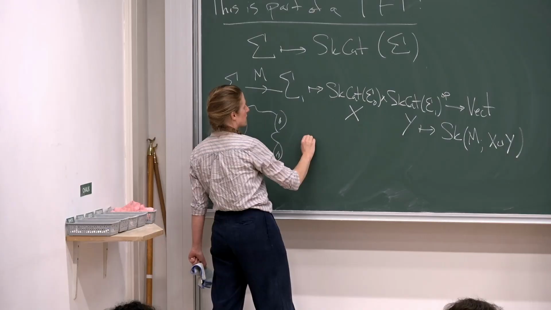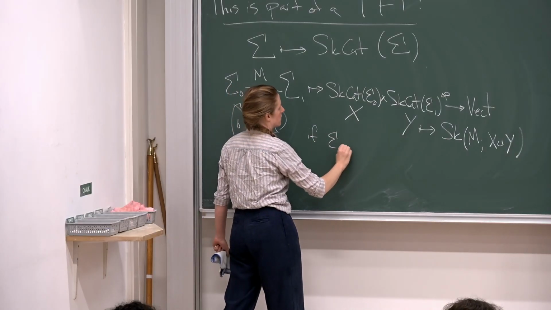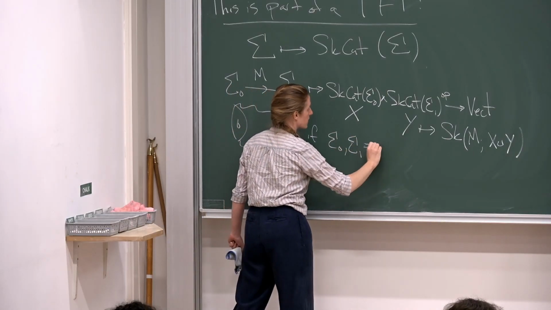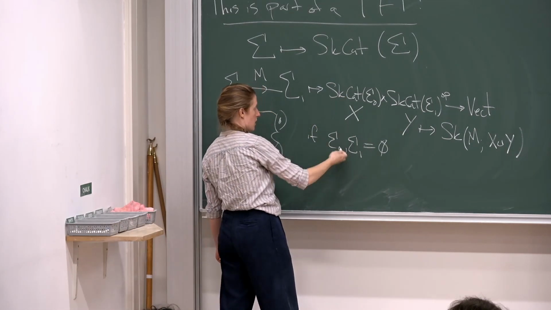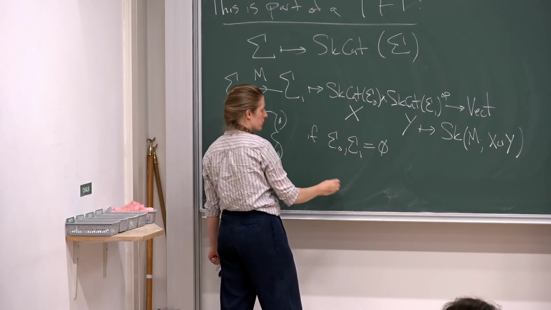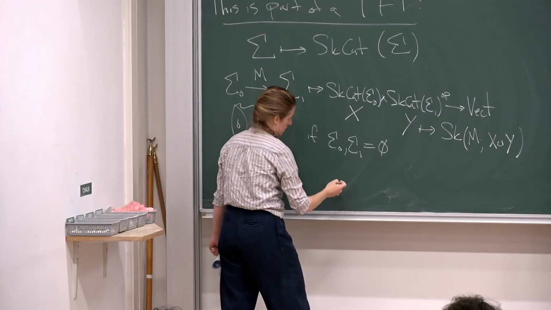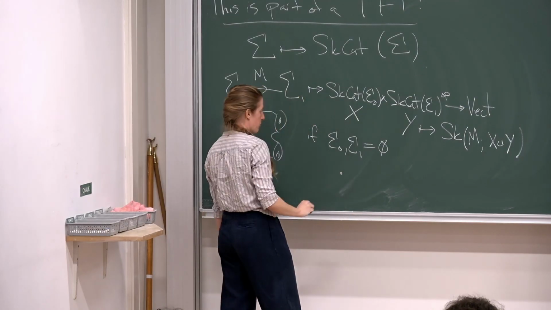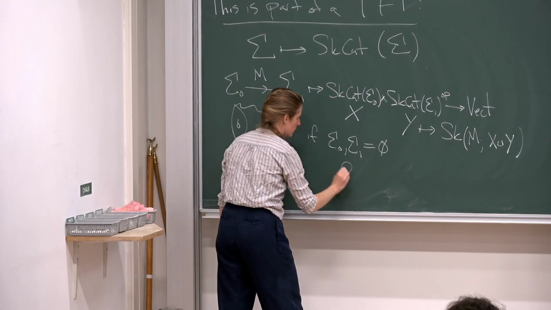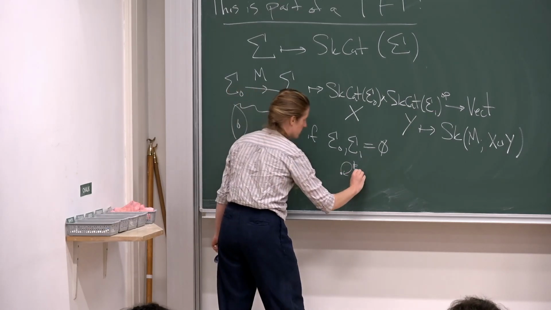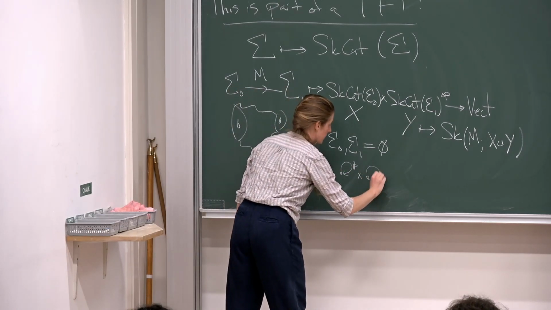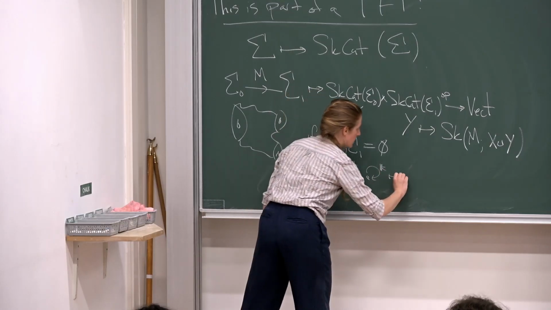And in particular, if both of these things are empty, so I have a closed manifold, then the skein category of an empty manifold will just have one object, a point, and its morphism space will be just whatever the base field is. So I'll draw it like that. There's one point, with morphisms the base field. One point, with morphisms the base field. Then I go to Vect.